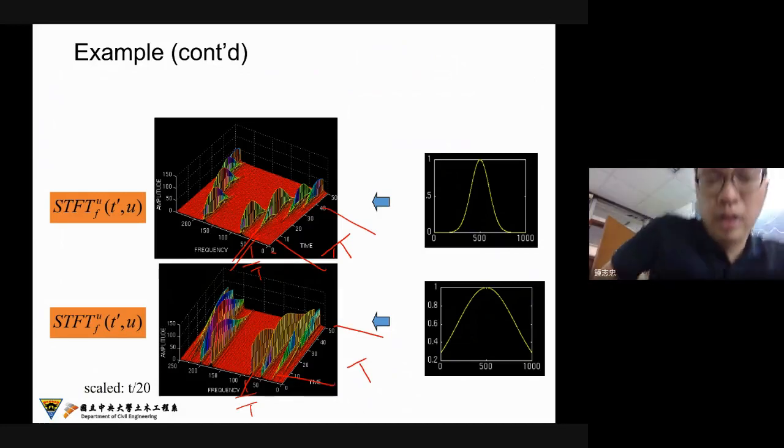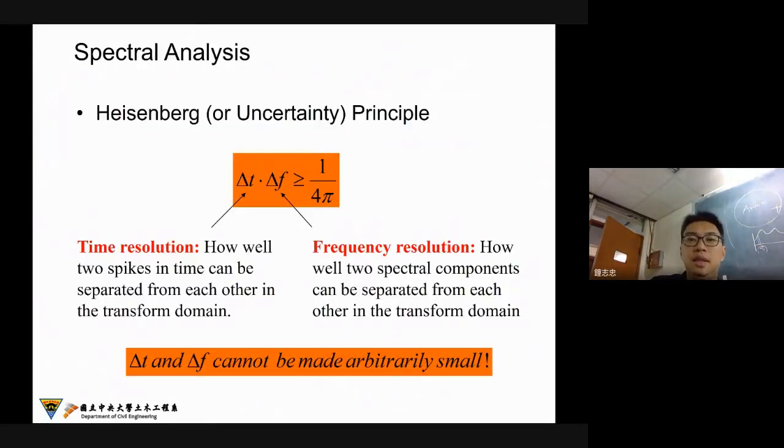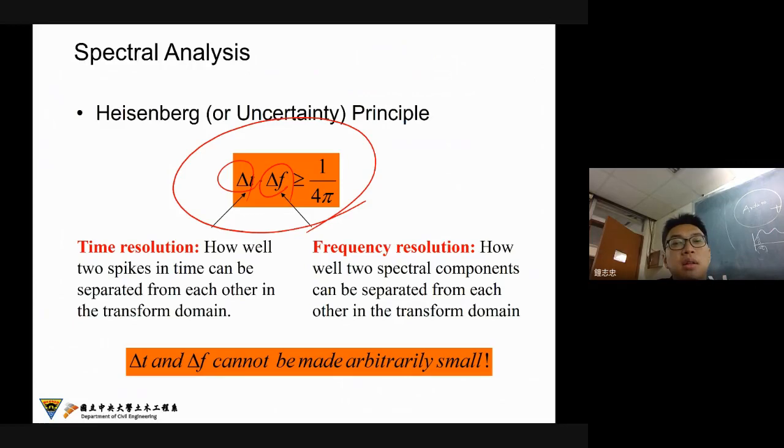Here, this is what we call the Heisenberg uncertainty principle. The trade-off: dt times df is larger than the inverse of 4 pi.